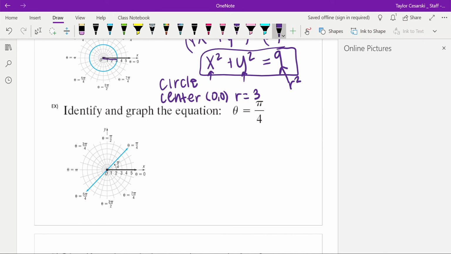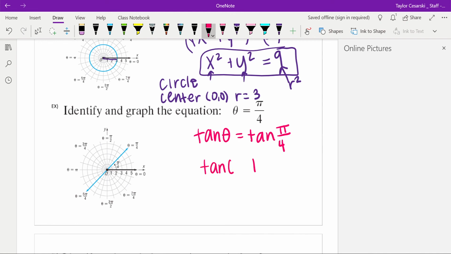Alright, so theta equals pi over 4. The easiest way to do this one is to take the tangent of both sides. So we have tangent of theta equals tangent of pi over 4. We know tangent of pi over 4, that's on our unit circle, equals 1.